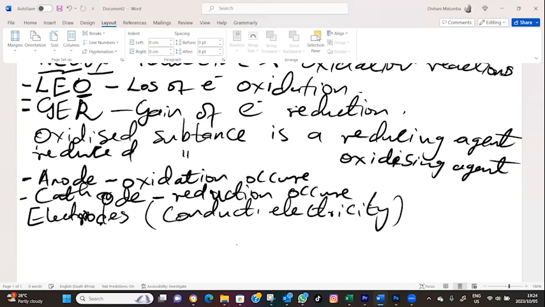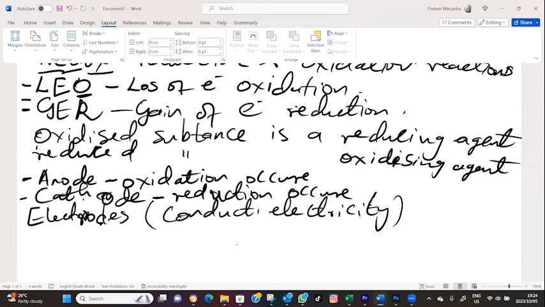Now, these two elements are used in cells. They're used in batteries, or the so-called galvanic cells, so that they can conduct the current inside the cell.